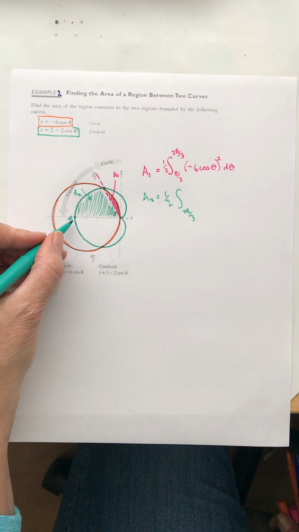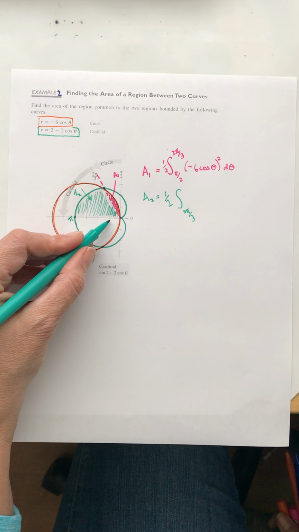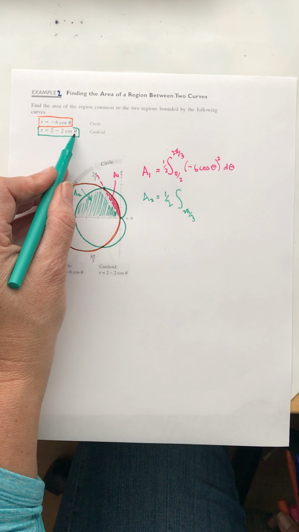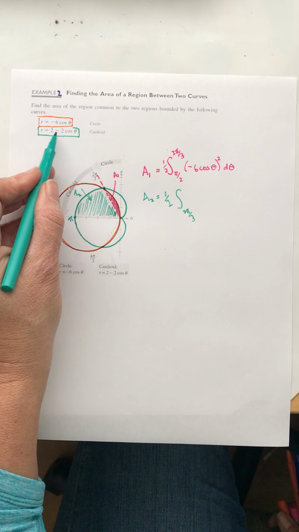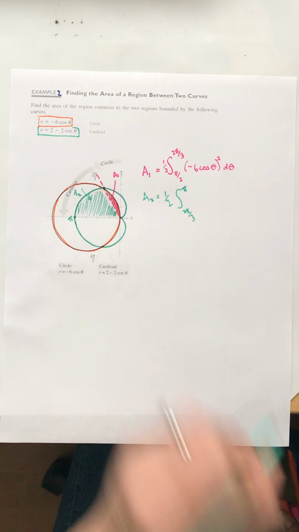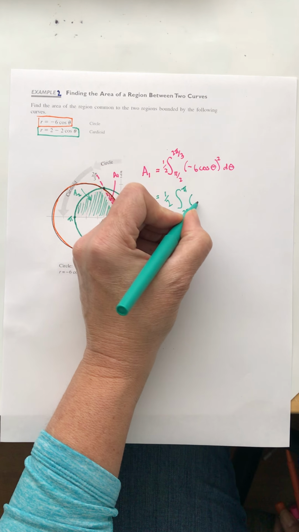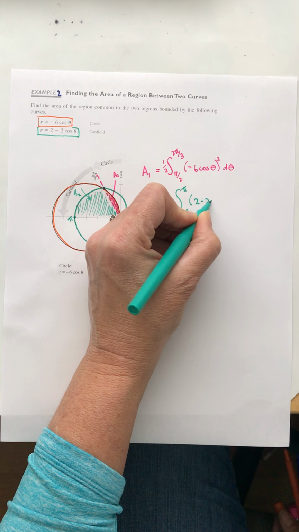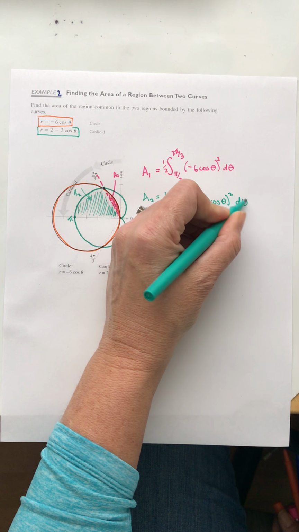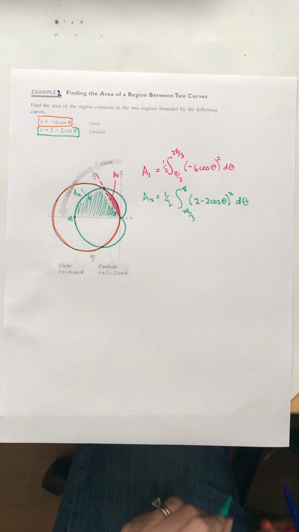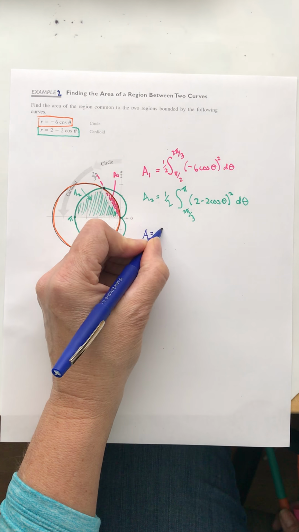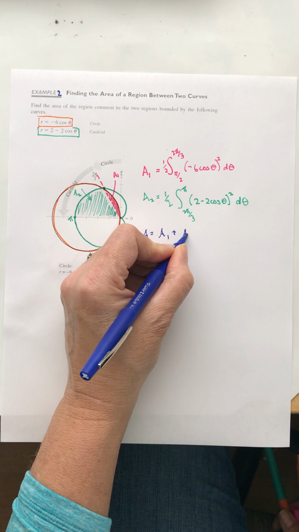You could double check to make sure if you plug in pi that you do in fact get 1, 2, 3, 4, which I will, because cosine of pi is -1, and so 2 minus 2 times -1 would give me 4. So I can be confident that pi is the right value there. And then in here I put 2 minus 2 cosine theta squared d theta. And then to get my total area, it will just equal A1 plus A2.